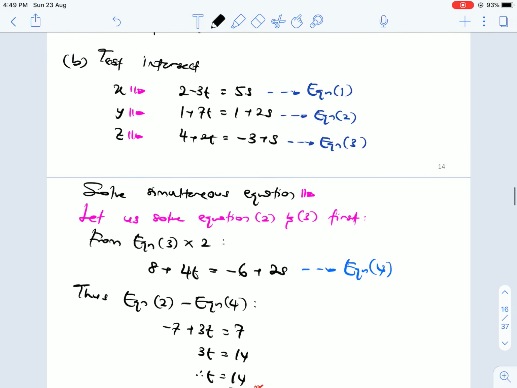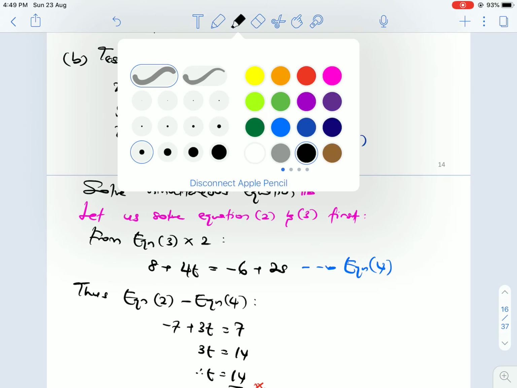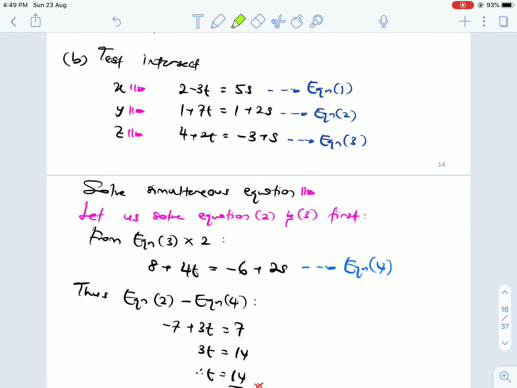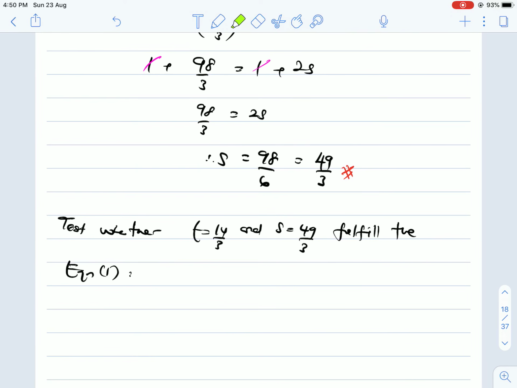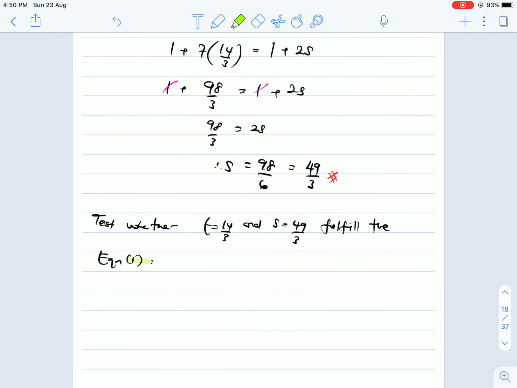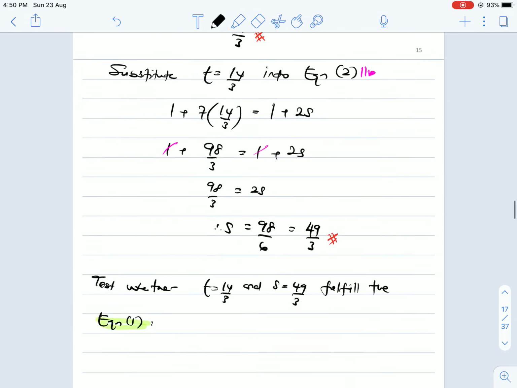Because previously we solved equations 2 and 3. We know that these values fulfill equations 2 and 3, so we need to test now whether these values also fulfill the first equation.